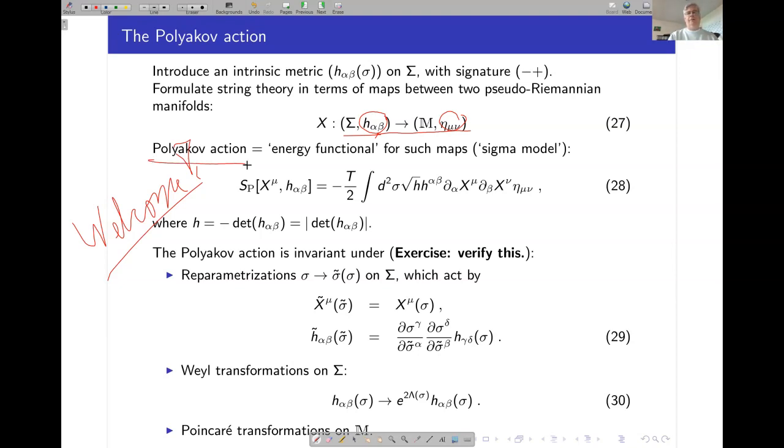And generally, this is what physicists call a sigma model, and mathematicians an energy functional for such a map, and it is given by formula 28. So what we then discussed last time is that it's invariant under reparametrizations and also under Weyl transformations, which are transformations where we multiply the metric by a positive function.